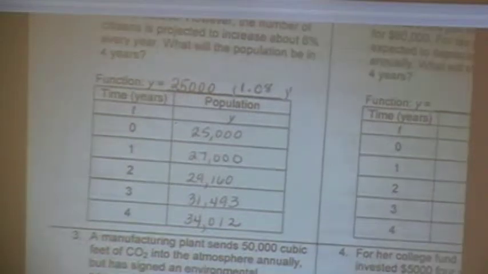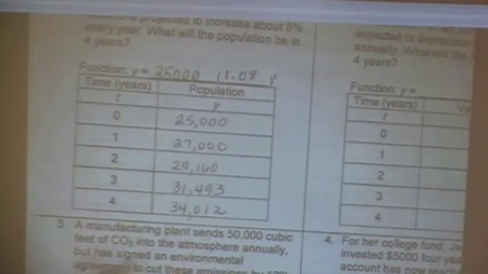So in the 4th year, my population is 34,012. Is everybody okay? Anybody need any help plugging it into your calculator? Everybody got it? Alright, so that's a growth problem.